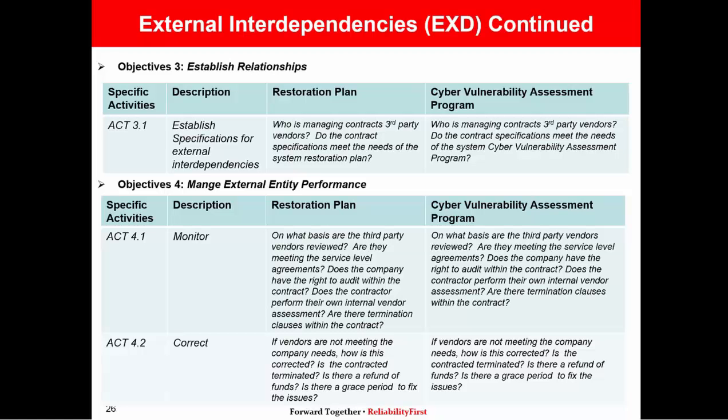So once you have a contract and terms in place for your external interdependencies, how do you ensure that the contractor is living up to their end of the deal? For example, did you get the fuel delivered on time? Did the tree trimmers and contract linemen adhere to the organization's safety rules? These might be things that you would look at.